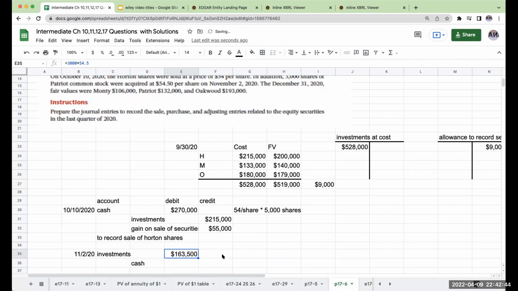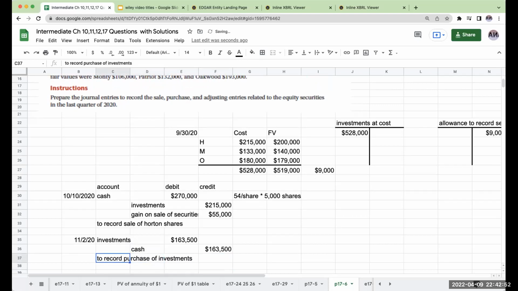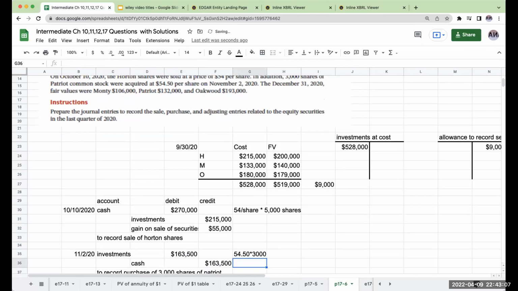So this is going to be 163,500 to record purchase of investments. We'll call this: record purchase of 3,000 shares of Patriot. And this is 54.50 times 3,000.